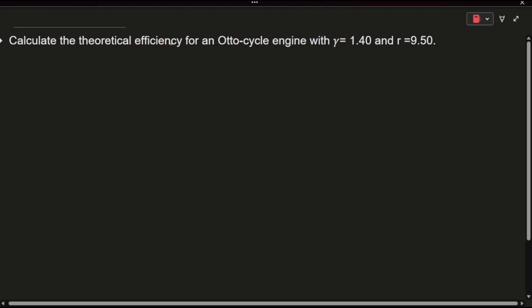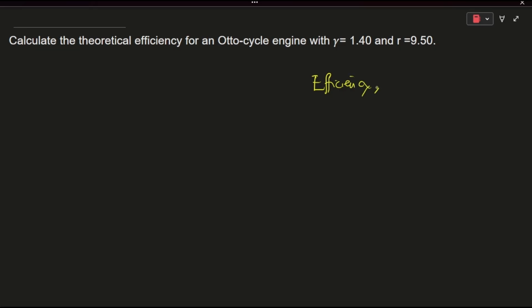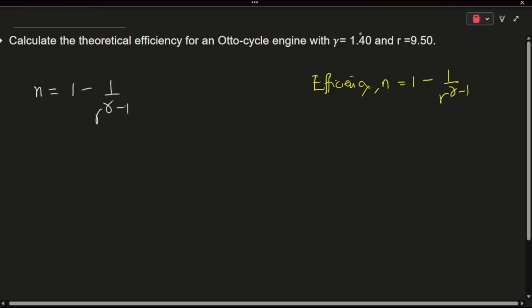Now, what is the theoretical efficiency of an Otto cycle engine with gamma 1.40 and with a compression ratio of 9.50? Let's denote by N, where R is our compression ratio. Now, our gamma is given as 1.40 and our compression ratio is given as 9.50, so now we can plug in the values.